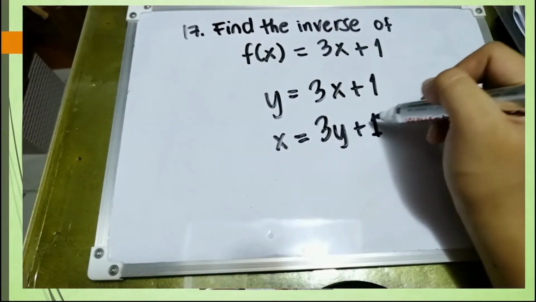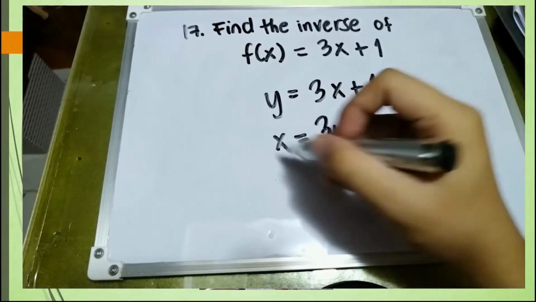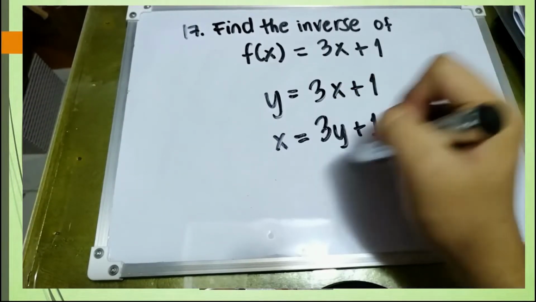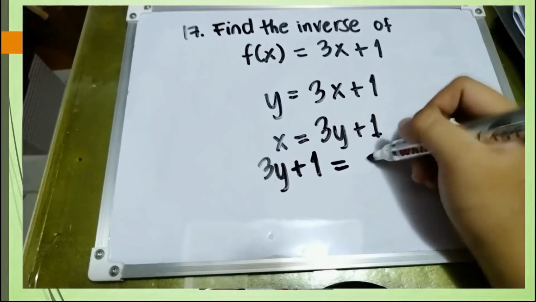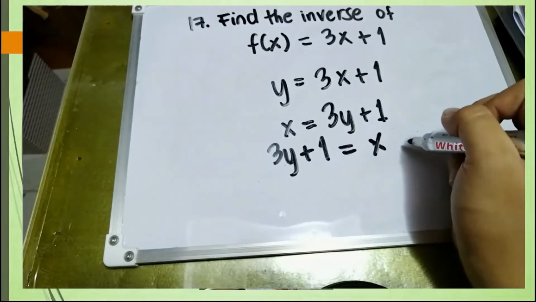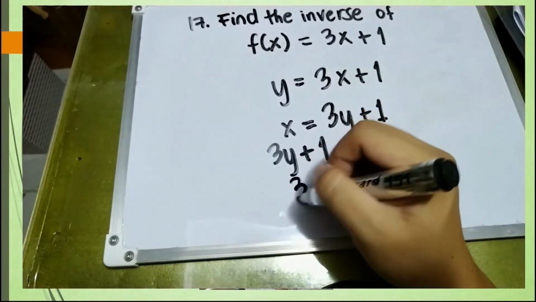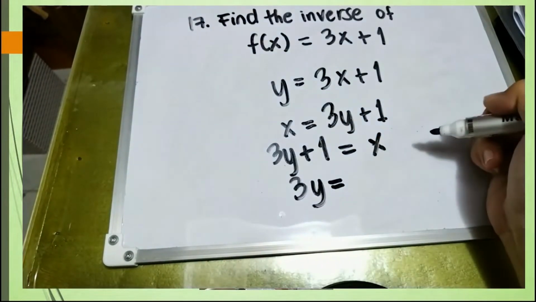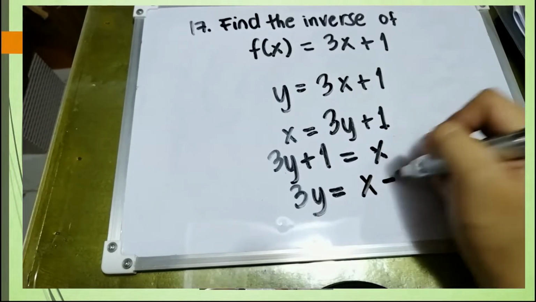Let's use the symmetric property. By using the symmetric property, 3y plus 1 is equal to x. Then, subtract both sides by 1. So 3y is equal to x minus 1.